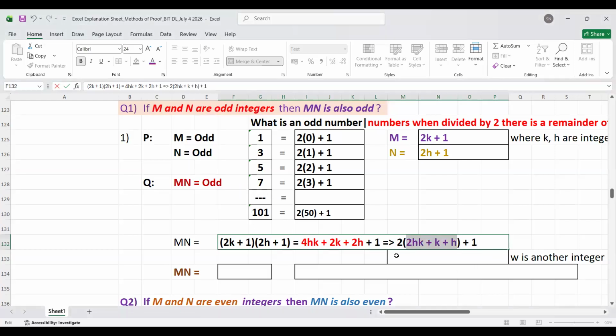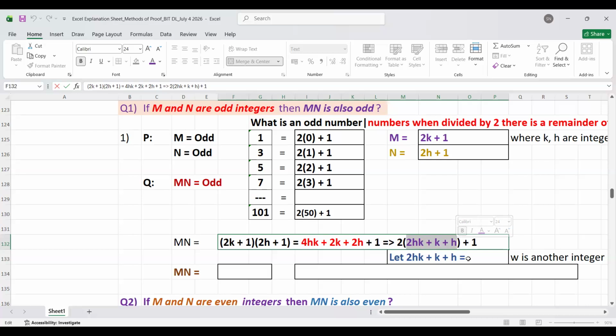What we are going to say is that I'm going to let the term in bracket, 2hk plus k plus h, be equal to another variable, which is also another integer. Why? Because the numbers that I have in the brackets are also integers. If you multiply 2 times 2 integers, plus another integer, plus another integer, the answer will be another integer.